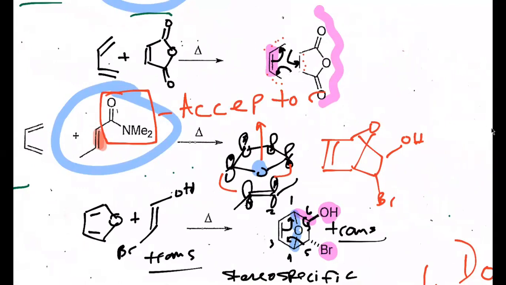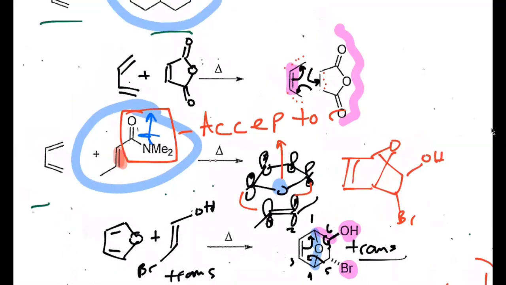There's a dipole between carbon and oxygen, a big dipole. So it's going to be pulling electron density towards itself. So all carbonyls are acceptors.